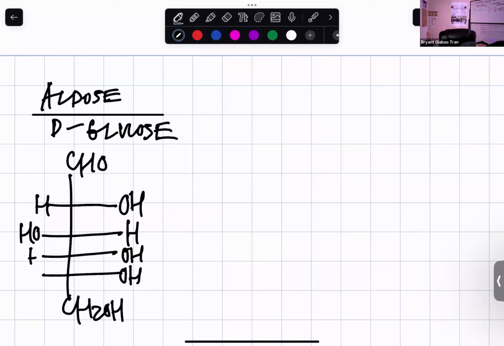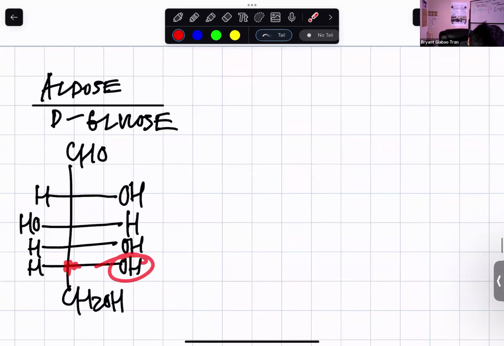And we know this is a D sugar because the alcohol on the last chiral center here is on the right side. There are a lot of D sugars, like D-mannose, D-galactose, even D-fructose, where a D sugar is when we have an alcohol on the right side of the last chiral center, that carbon right there.